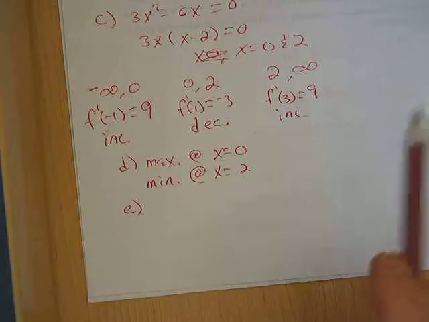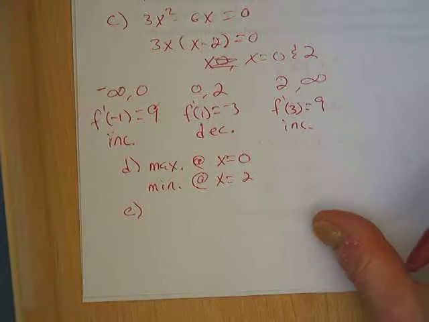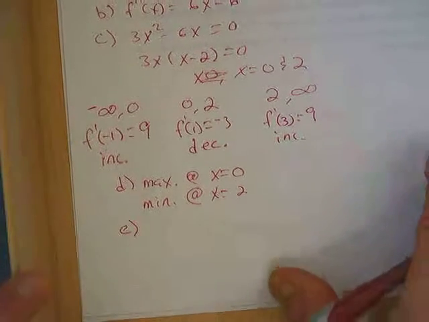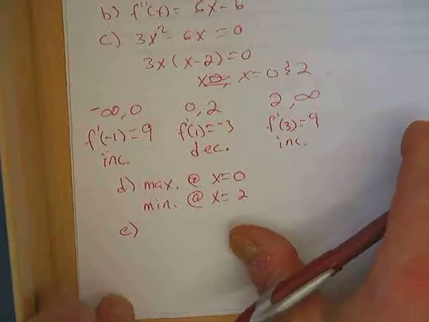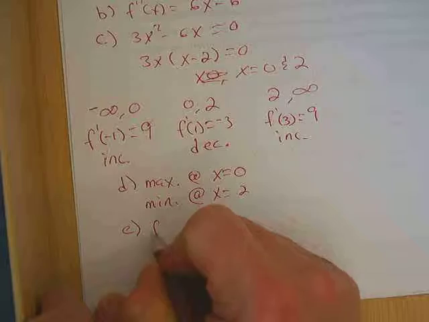Part E. That's funny. That's better than part A. Part E. Identify all intervals from negative infinity to infinity where the function is concave down or concave up. What part of this problem relates to concavity? Original function, first derivative, second derivative. Second derivative.